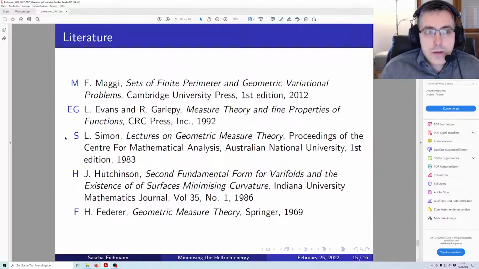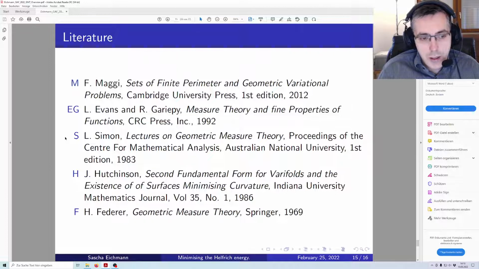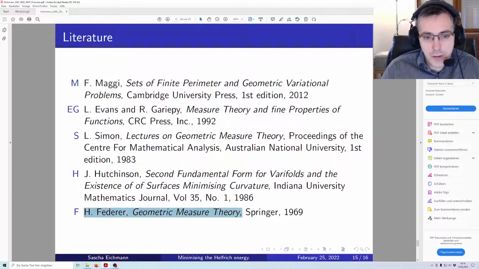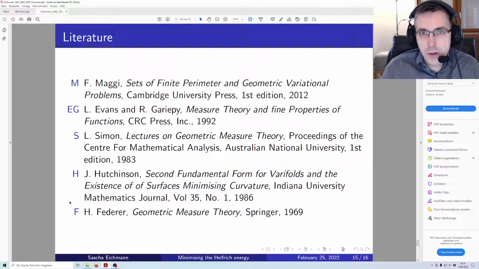And no list of literature would be complete without mentioning Federer's Geometric Measure Theory textbook. The problem with this book is that it is not suitable for beginners. It is very advanced, very technically written. But on the other hand, there's so much in it. This is a treasure trove of information.